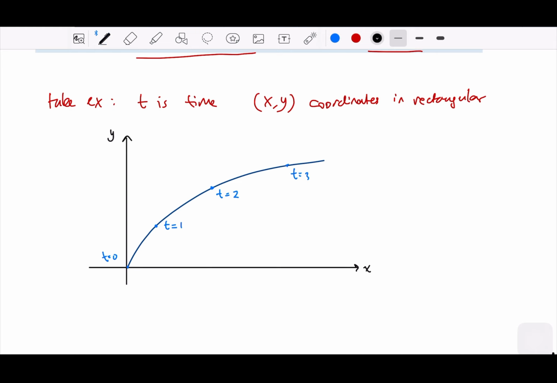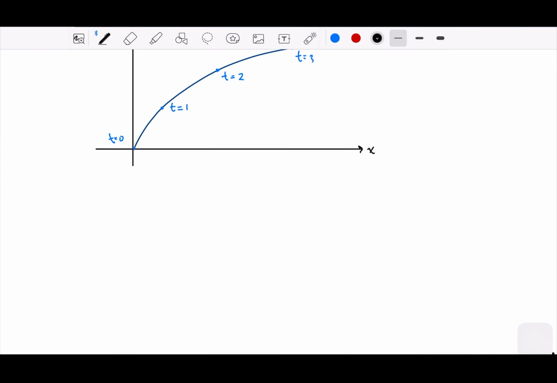So for example, if we want to sketch, we are given the equations: x is t squared minus 3t, and y is t minus 1. To solve this problem, or to sketch, the question is to sketch the parametric equations.